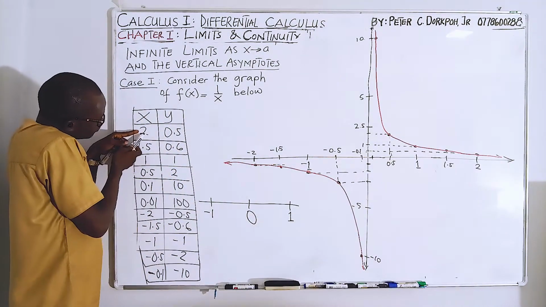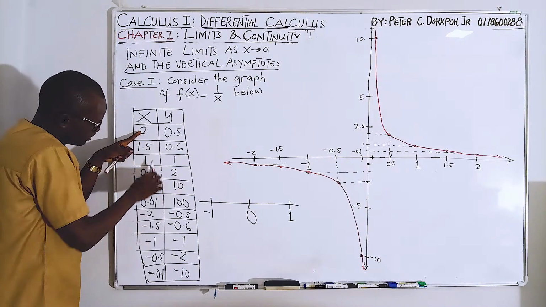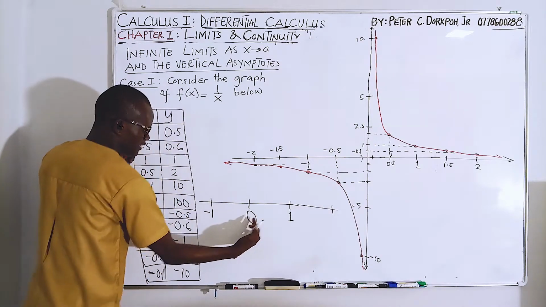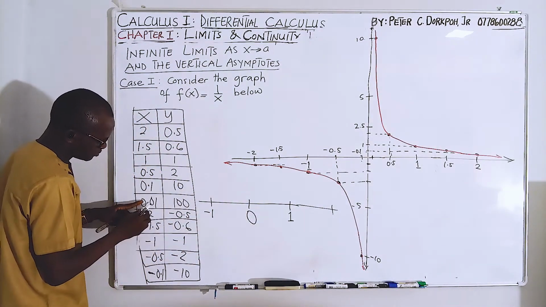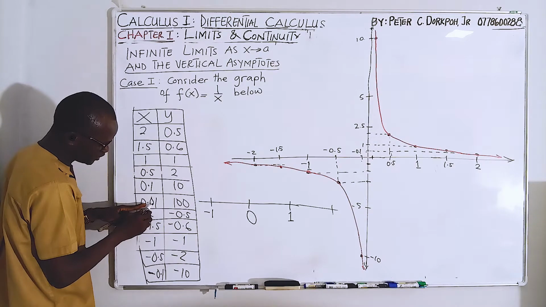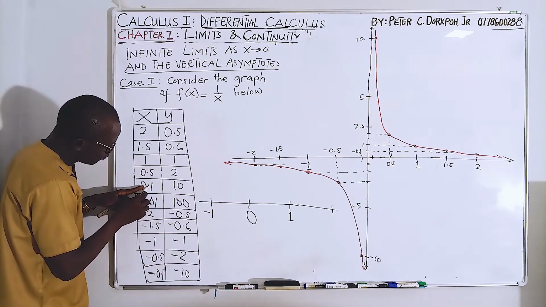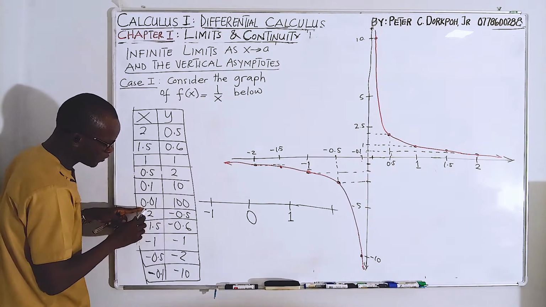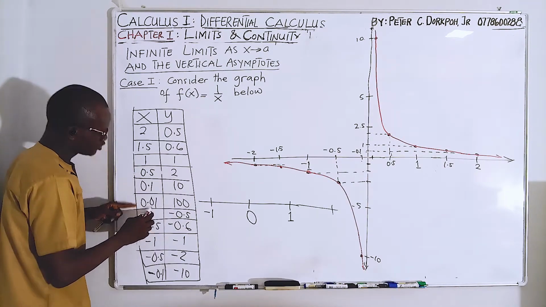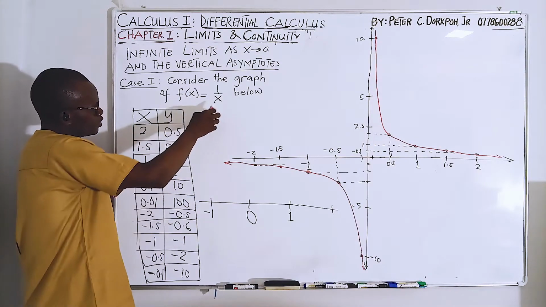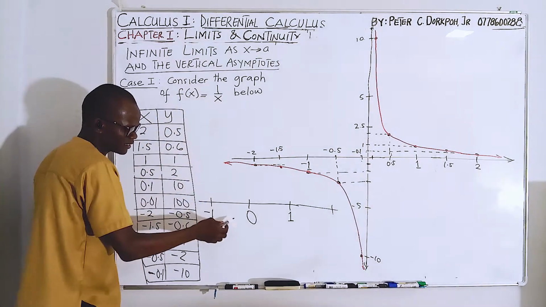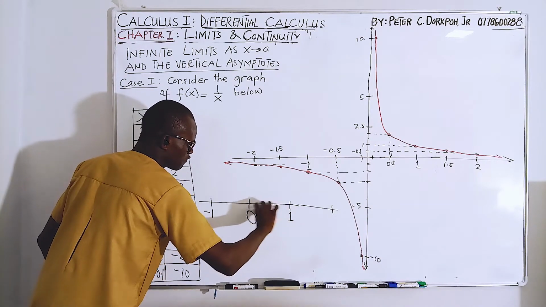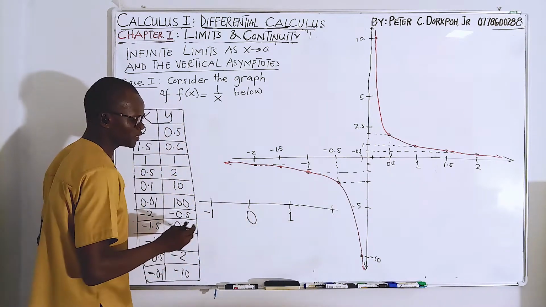As x takes on some positive values from this end and comes towards 0, getting closer and closer to 0, you observe that the numbers are increasing. Let's say 0.1 gives 10, 0.01 gives 100, 0.001 gives 1000. So as x is approaching 0 from the right hand side, what happens?